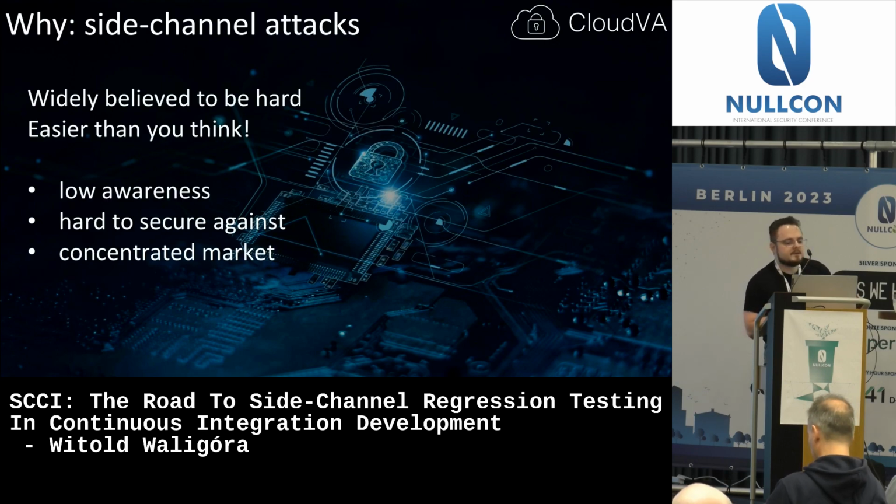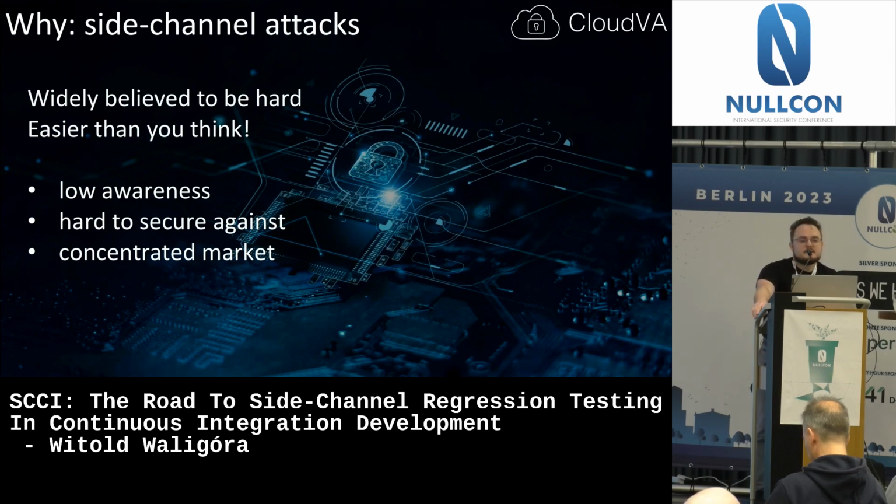So why do side channels? Well, people think side channels are hard, and it's true to a point. I mean, there's a steep learning curve. Initially, you operate at a much lower level than people normally think low level is. And there's some heavy math involved initially. But once you get there, actually, the attacks are remarkably portable between different chips, between different encryption libraries, for example.